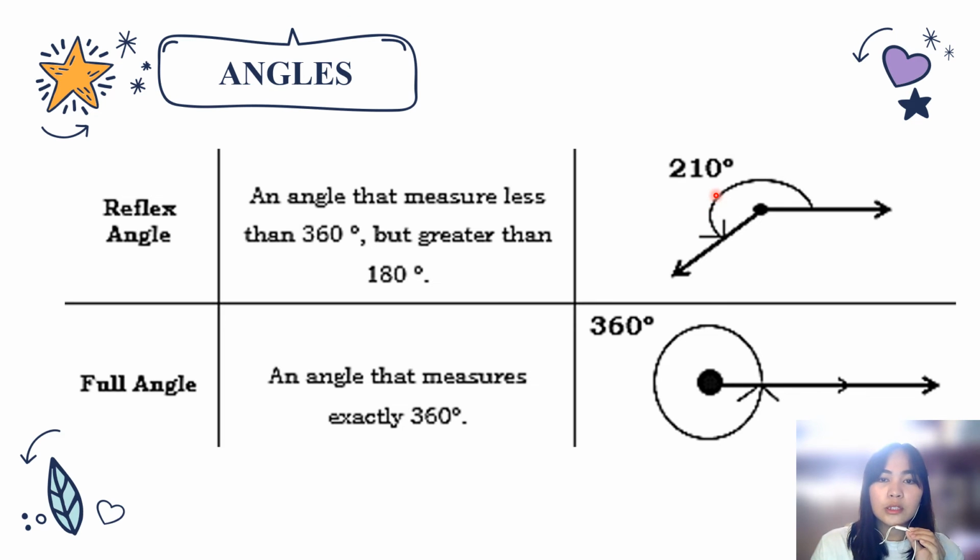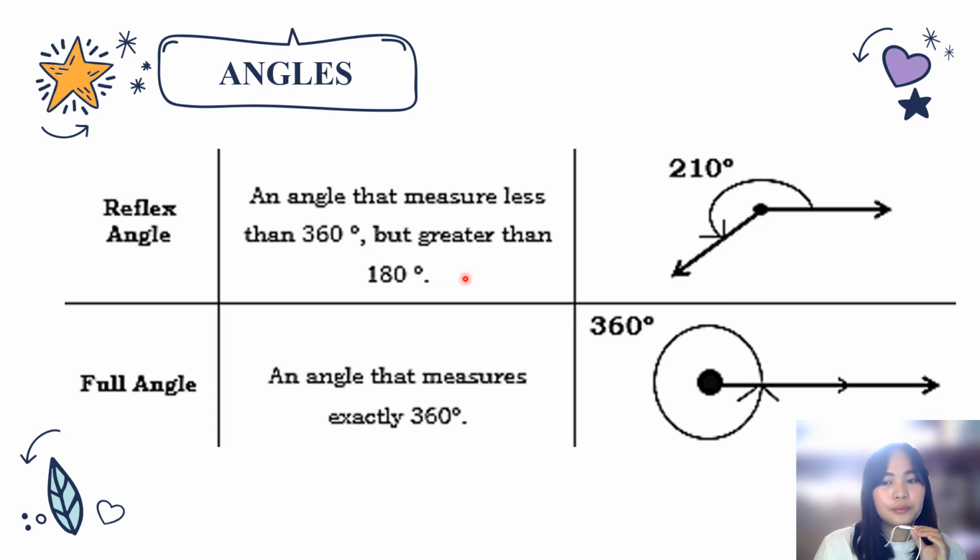Is 210 degrees less than 360 degrees? Yes. Is 210 degrees greater than 180 degrees? Of course. Therefore, kung gamay siya sa 360 degrees, but dako siya sa 180 degrees, therefore, this angle is a reflex angle.